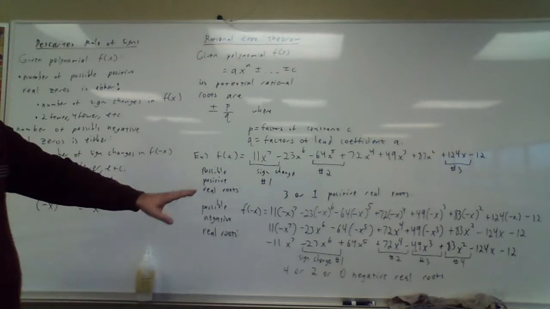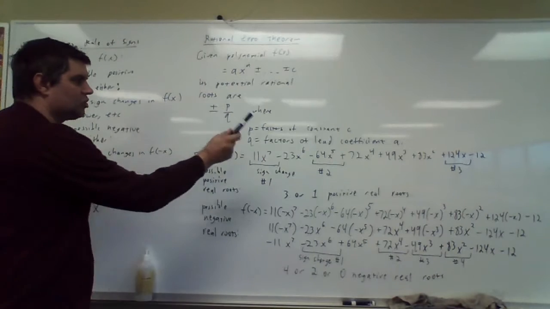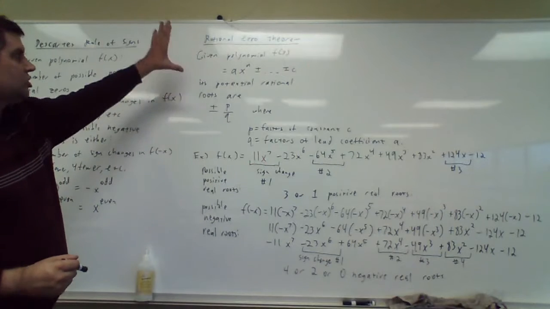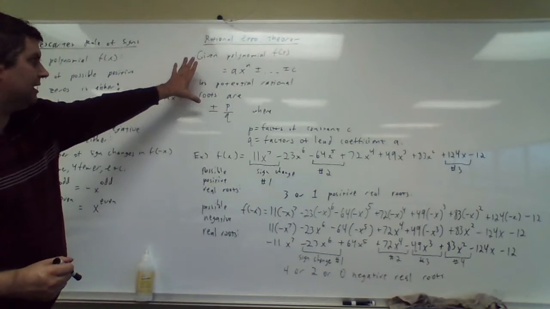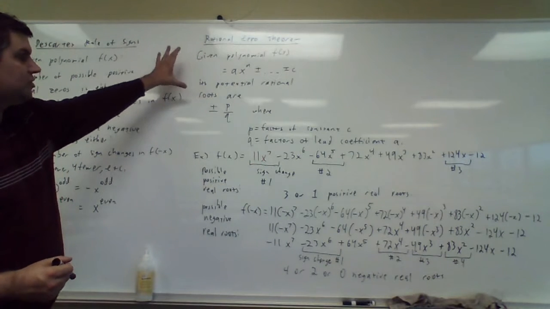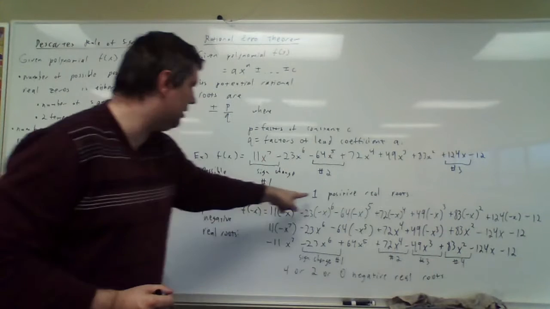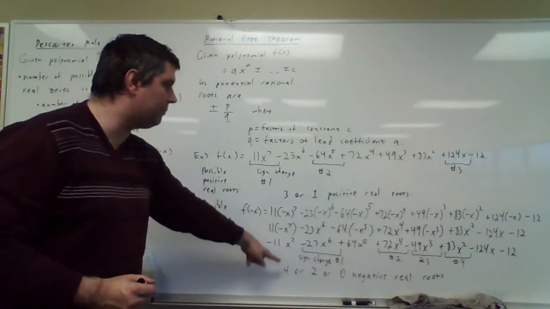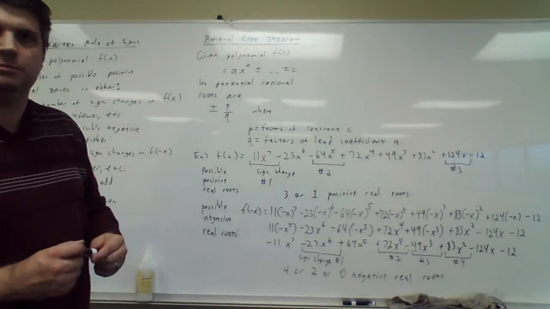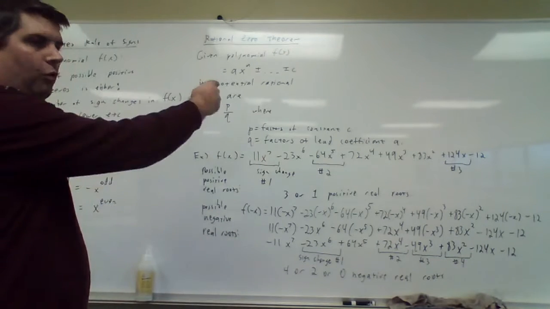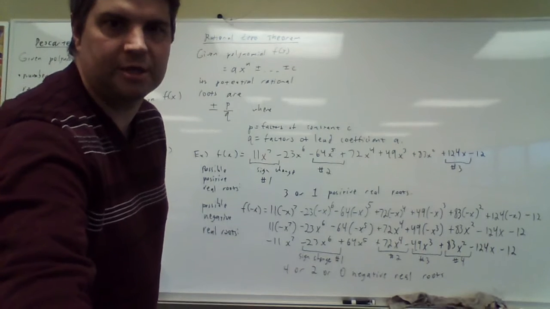We're going to actually solve this using the rational root theorem. So we're going to solve this problem. And then once we've solved it, we're going to come back and confirm the solutions with this list. Okay? So give me a moment. I'm going to move this over to the other part of the board.